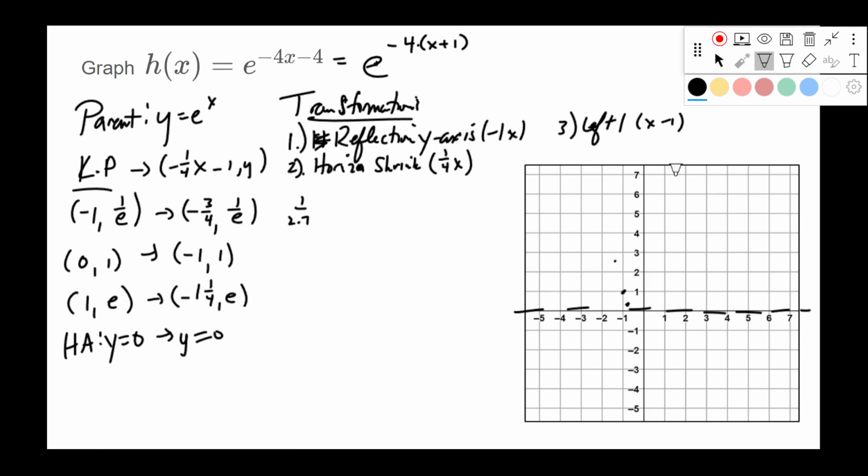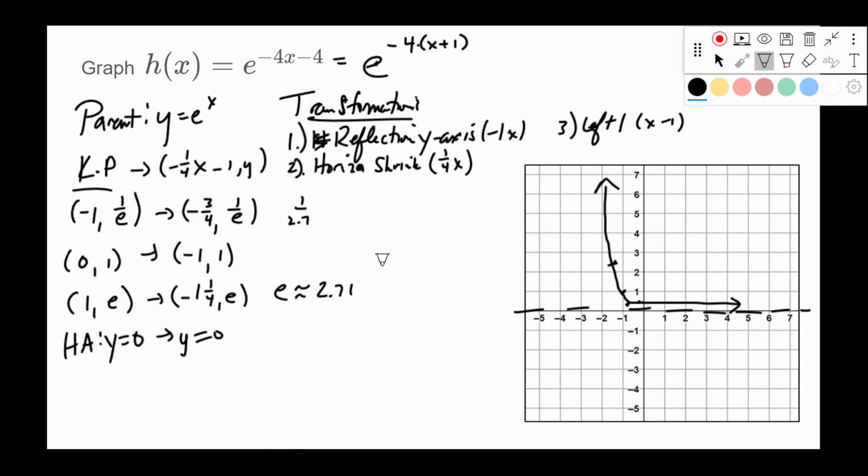So up to there, give or take. So connect these 3 points and it spins down and around here towards the asymptote. And there is our graph. Okay, there's the correct graph. Yes. Again, e is about 2.71, 2.718, somewhere in there.